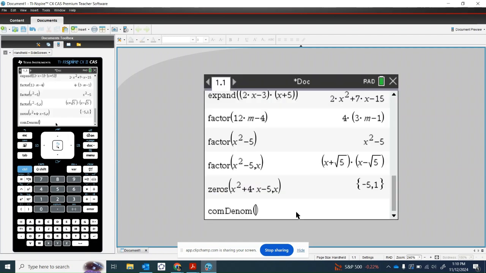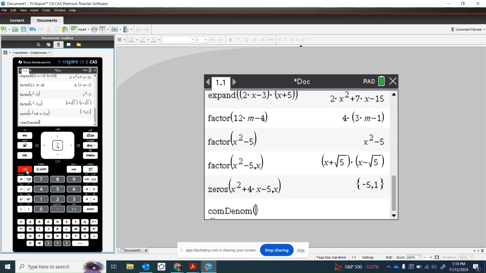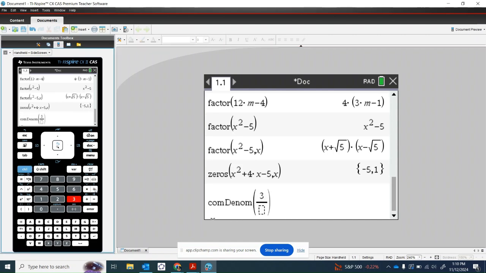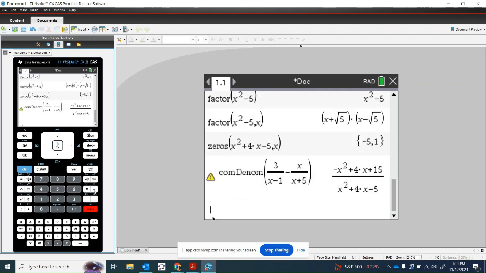Fractions, I can get a common denominator. So if I have more than one fraction in a problem and I need to figure out what the common denominator is, it will actually do the whole problem and give me the common denominator. So if I had, for example, let me put my fraction, 3 over x minus 1 minus the fraction x over x plus 5.